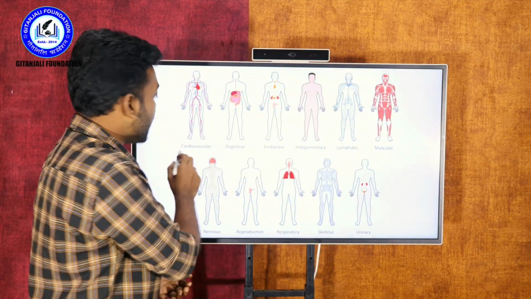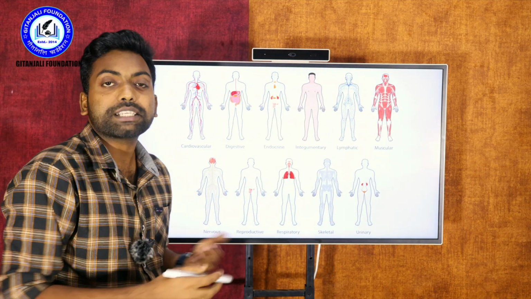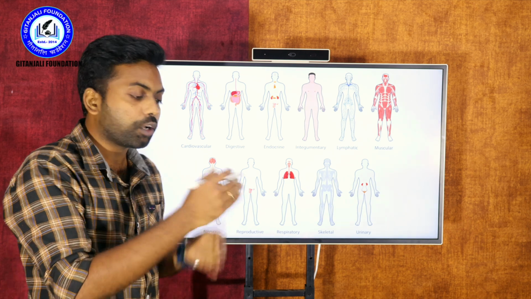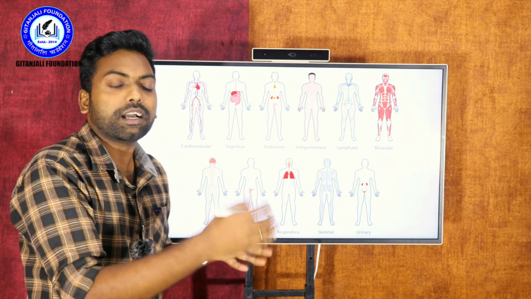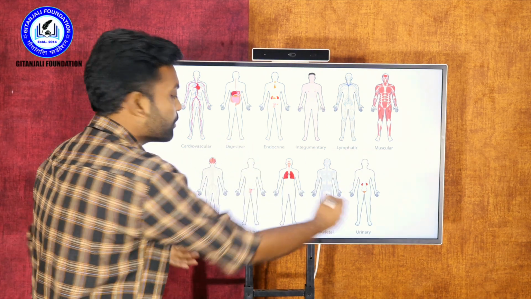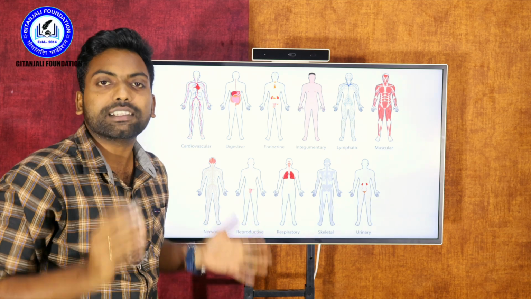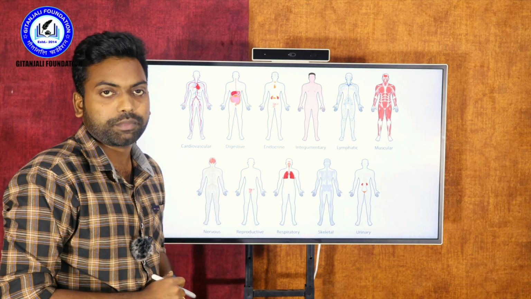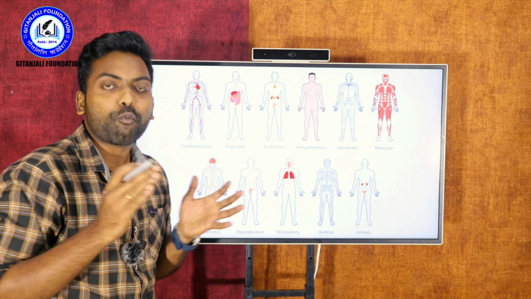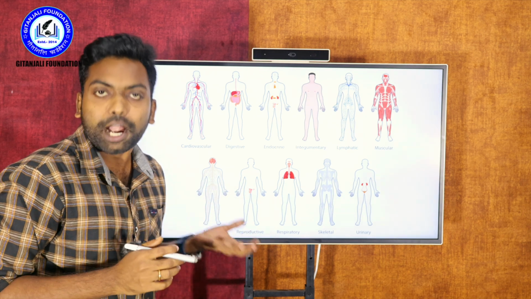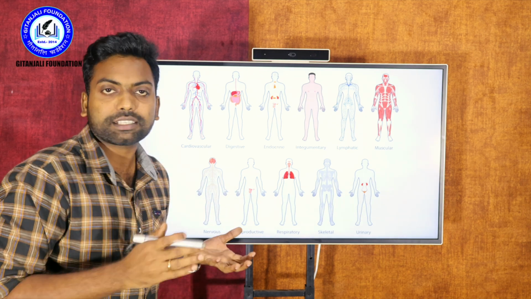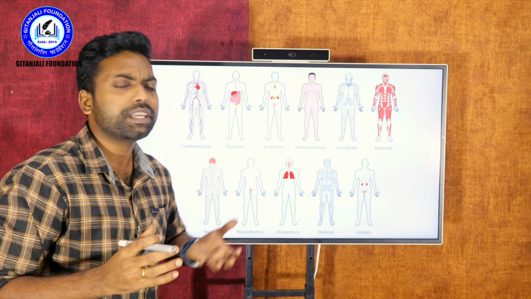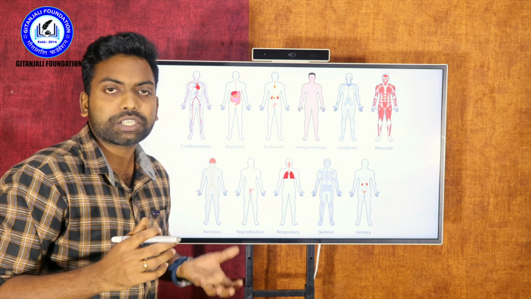Next, as I told you, there are different kinds of systems. When groups of organs come together, we get different systems. Let me tell you what systems are there in the human body. The first one is the cardiovascular system. Cardio means heart, vascular means blood vessels, including veins and arteries.